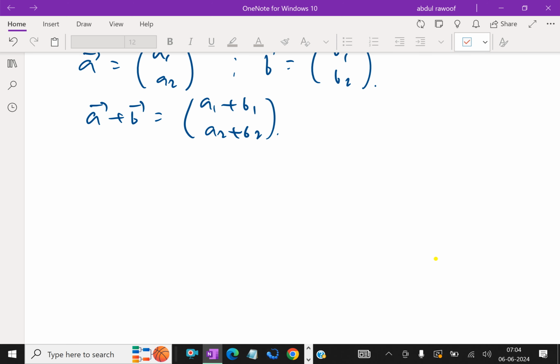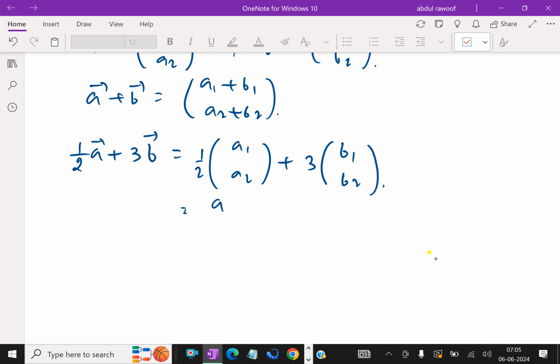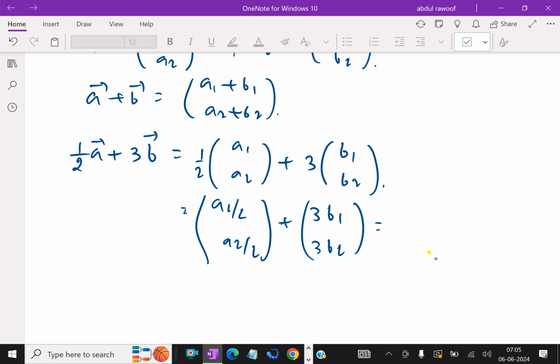Now, the same with half vector A plus 3 vector B. It means the first vector A is multiplied by half, and the second vector is multiplied by 3, then both are added, which equals (A1 by 2, A2 by 2) plus (3B1, 3B2), which equals (A1 by 2 plus 3B1, A2 by 2 plus 3B2).